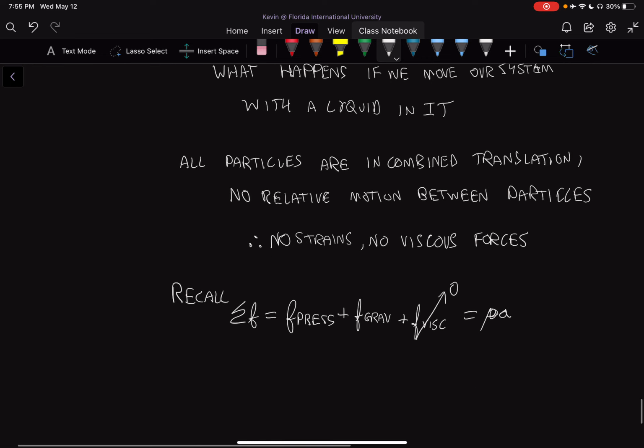So now our system, instead of just having gravity, now also has a new element to it. And that new element is the force of pressure. So we have our gradient of pressure. Okay, our force of pressure is the gradient of pressure, plus rho g is equal to rho times A. That's the total acceleration multiplied by the density.